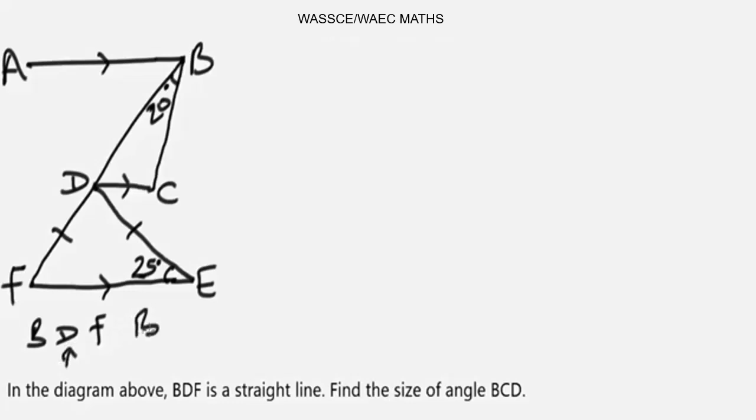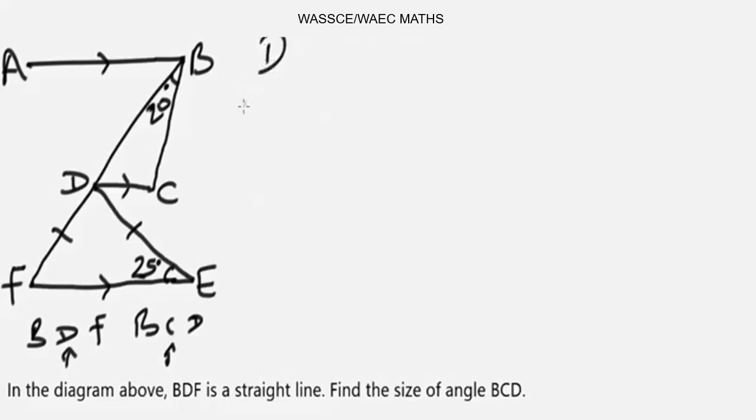When they say BCD, they are referring to the angle in the middle, which is angle C. Just like in this question, we want to find the angle here, angle C. Now just take note of this. For this question, the first part we need to establish, remember, I want to solve this question.